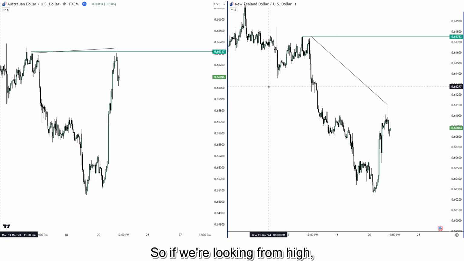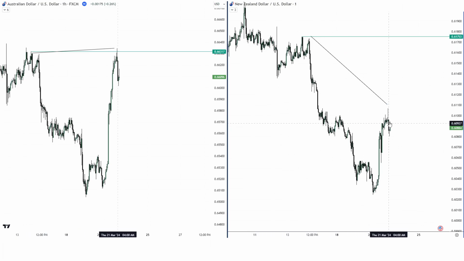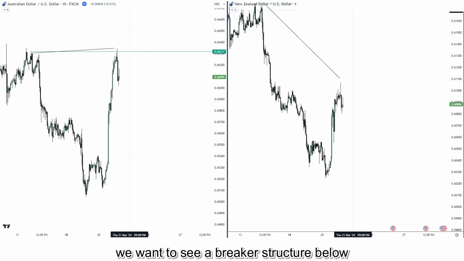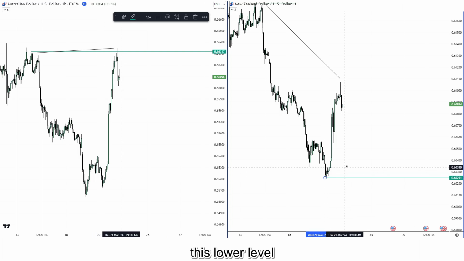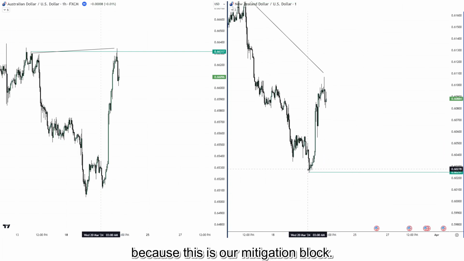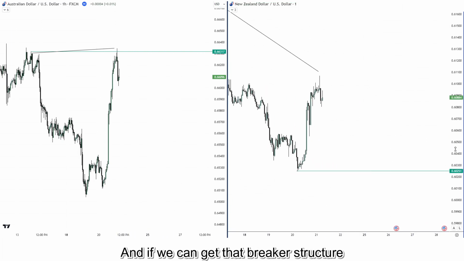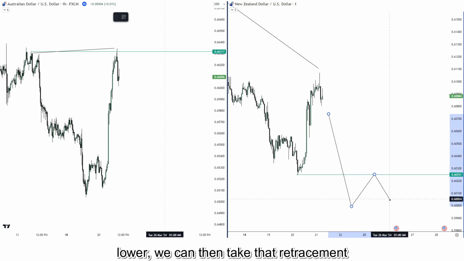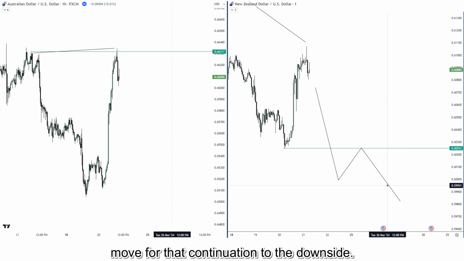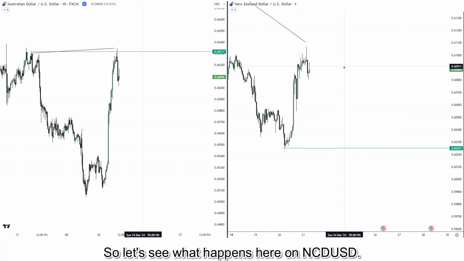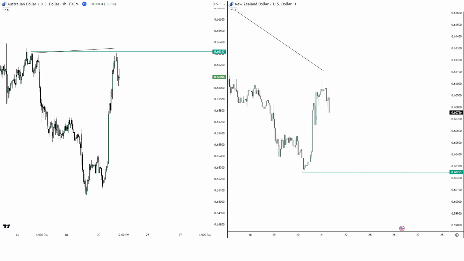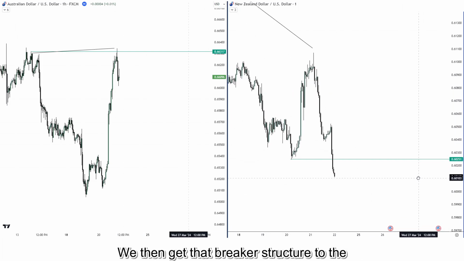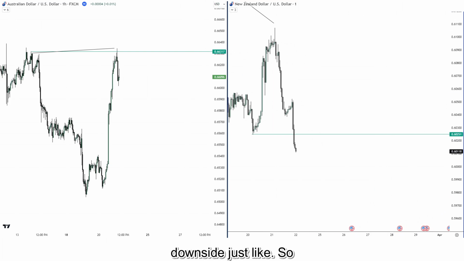So if we're looking from high, low, lower high, we want to see a breaker structure below this lower level, because this is our mitigation block. And if we can get that breaker structure lower, we can then take that retracement move for that continuation to the downside. So let's see what happens here on NZD USD. We then get that breaker structure to the downside just like so.